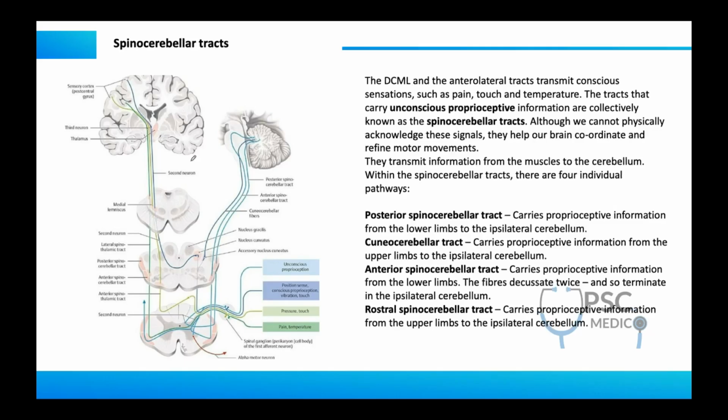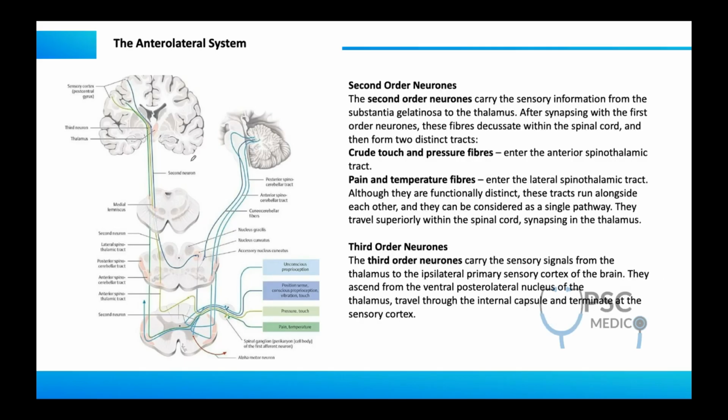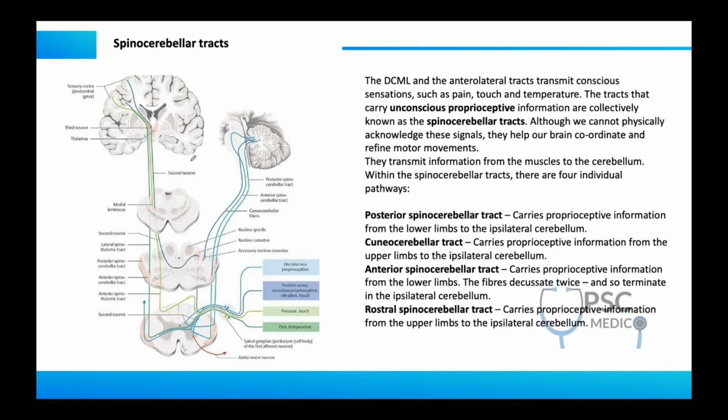spinocerebellar tracts. As we all know, we're done with the conscious ones, that is the tracts which carry conscious sensations, DCML and anterolateral tracts, like pain, touch and temperature. There are some structures which carry unconscious information, and we call these the spinocerebellar tracts.